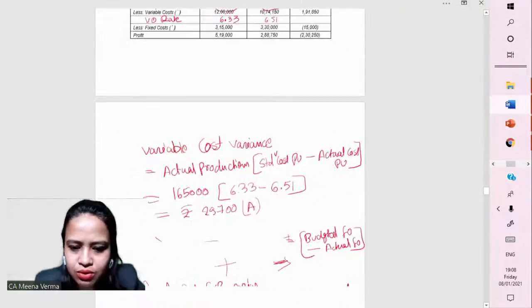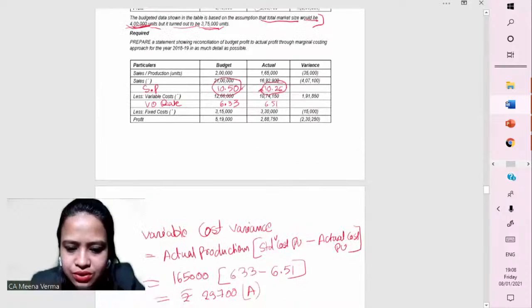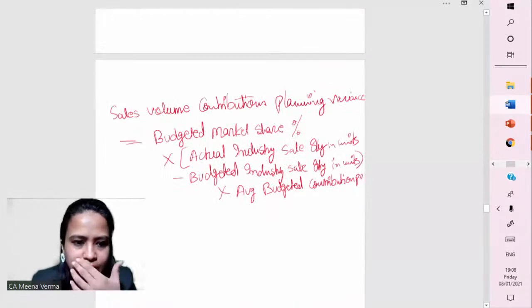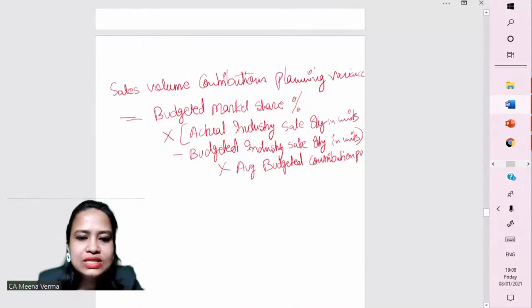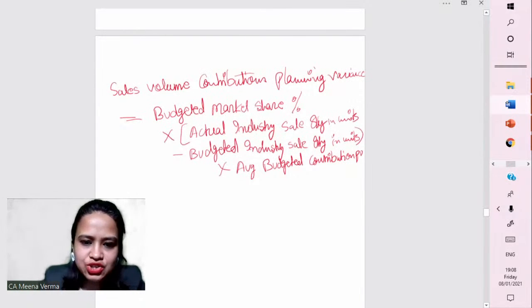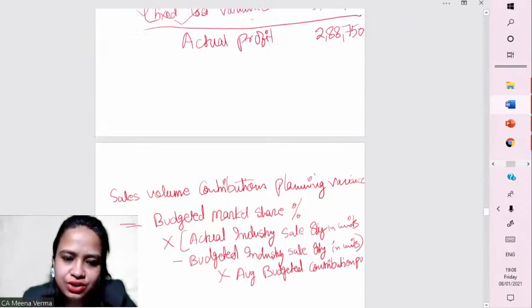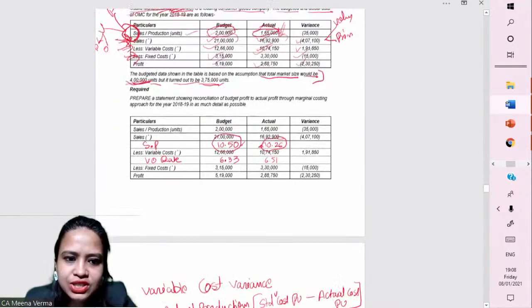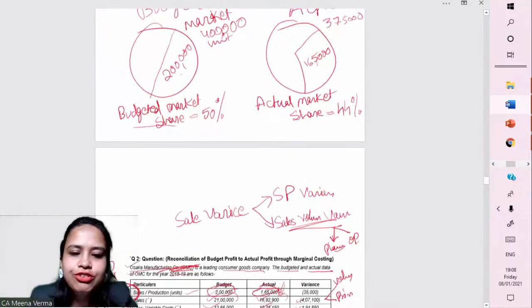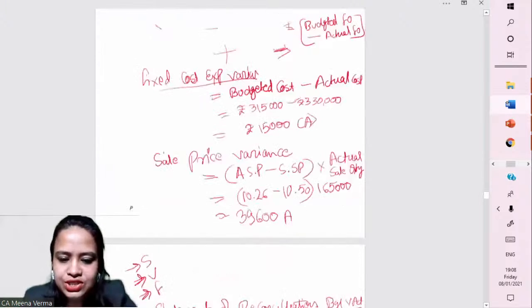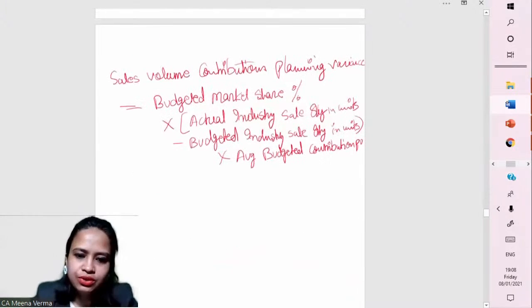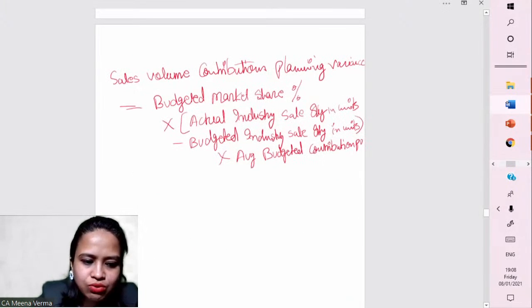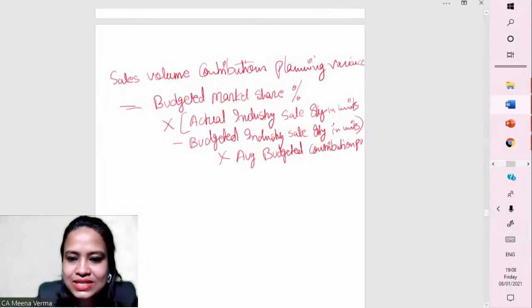So you can see in the question you need this information. Where is the question? Here you can see what you need: budgeted market share. For finding the sales volume contribution planning variance, you need to consider the budgeted market share. You have calculated 50%. Budgeted market share is 50%. What is the actual industry sale in quantity?